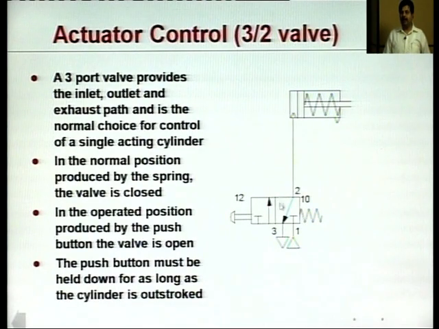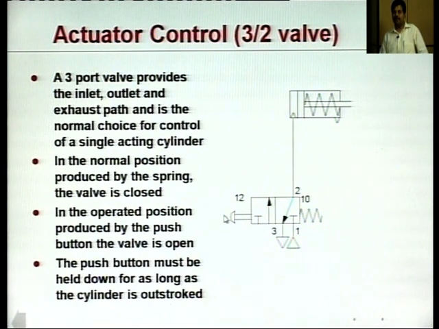So, in this position, because of the spring action, the piston will move in this direction to complete a stroke like this, so that the air which has been enclosed in this chamber will be exhausted through this valve.